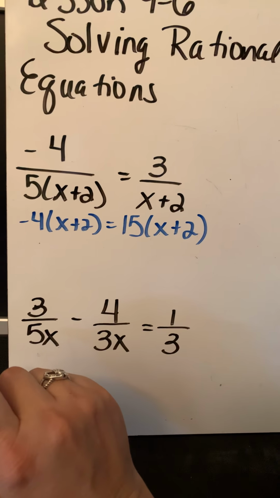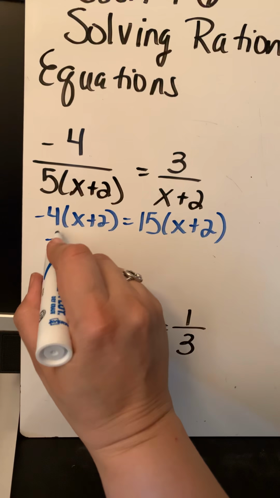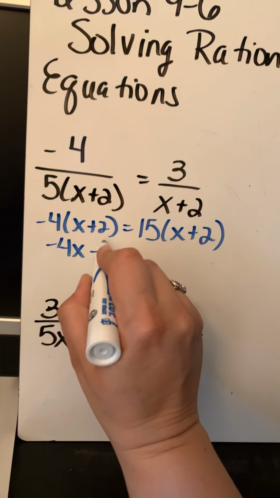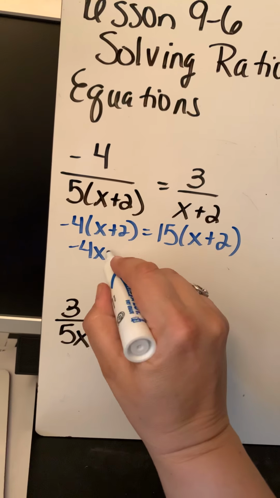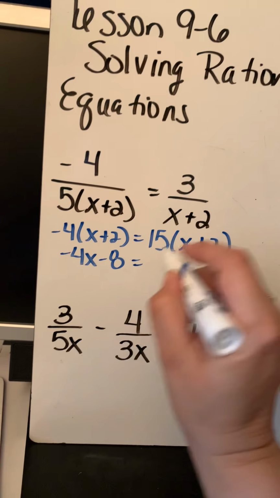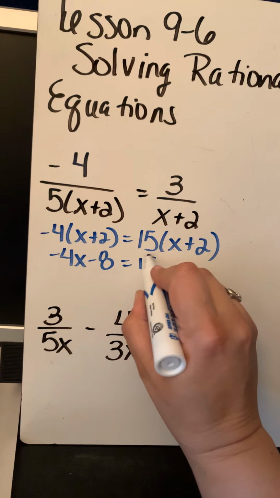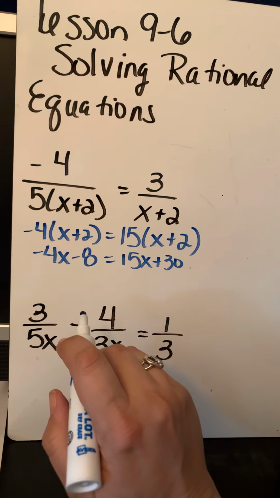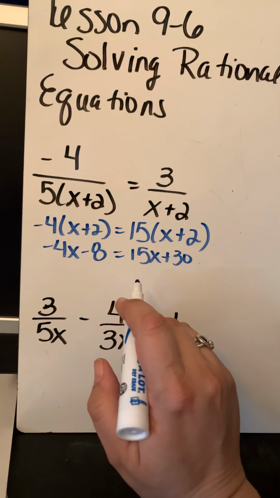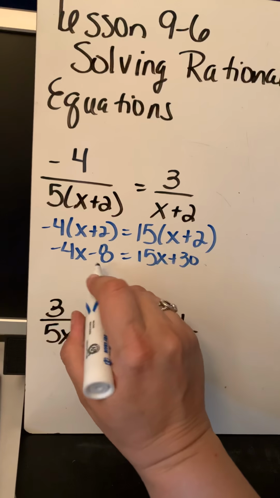Okay, so distributive property, -4x minus 8 equals 15x plus 30, distributive property. Okay, I'm going to add my 4x over.